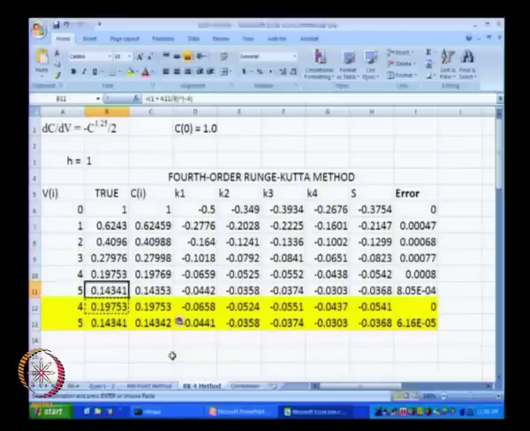When we did that, the error was 6 into 10 to the power minus 4. However, were we to start with the exact value at v equal to 4 and then take one step to go on to v equal to 5, we will find that the error is significantly lower in this particular case. This error that we get is essentially the local truncation error.